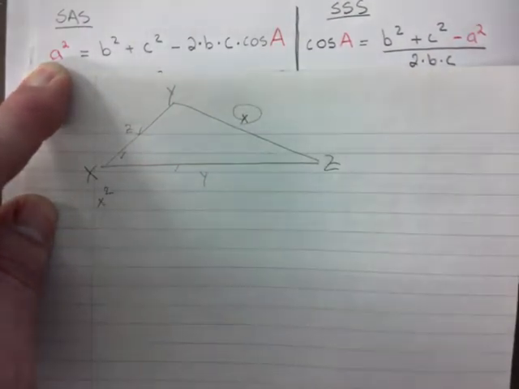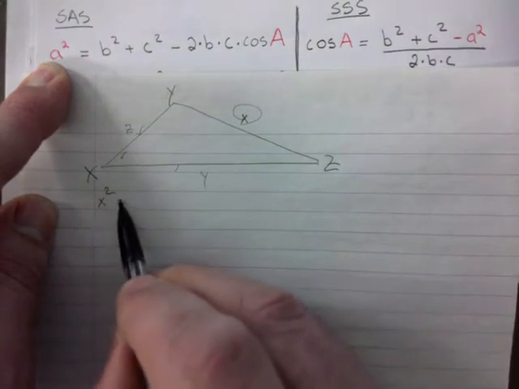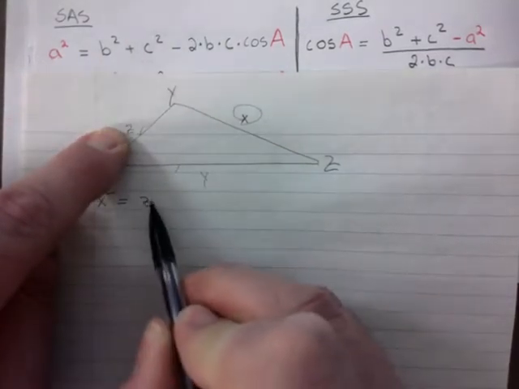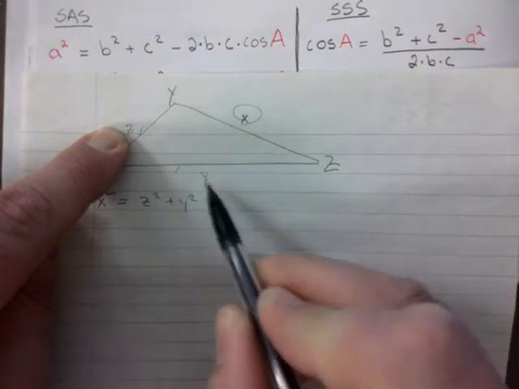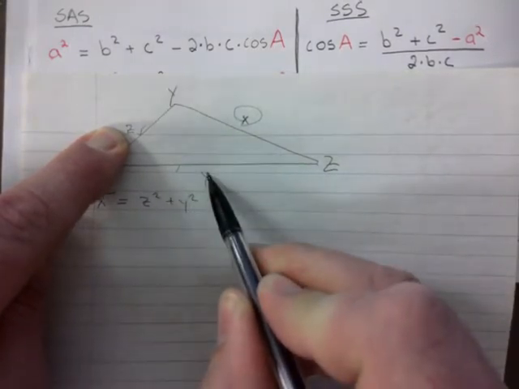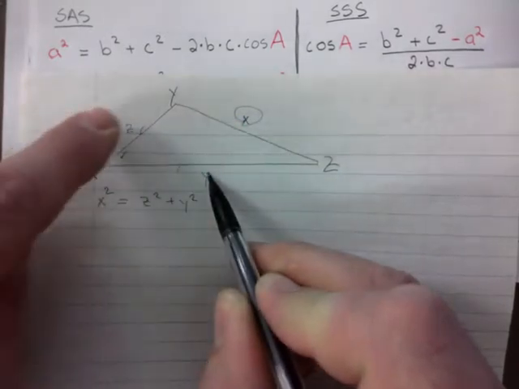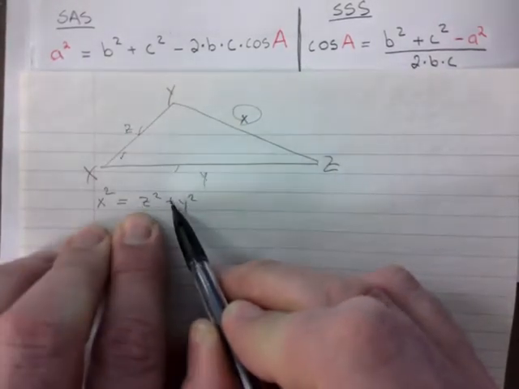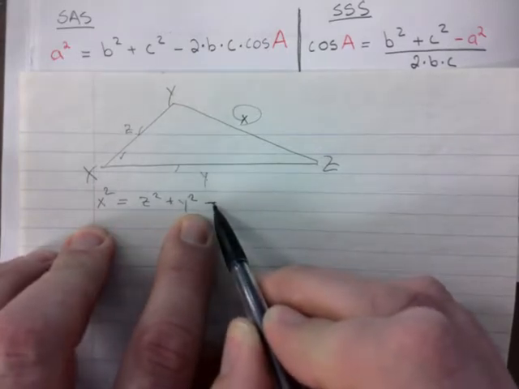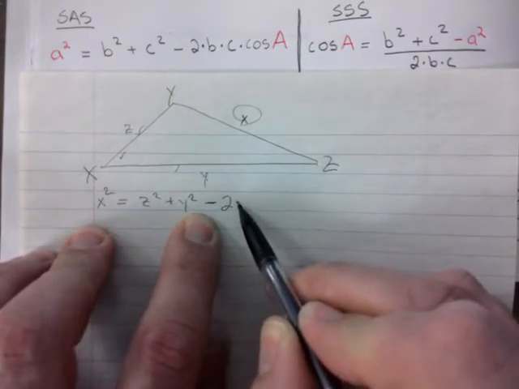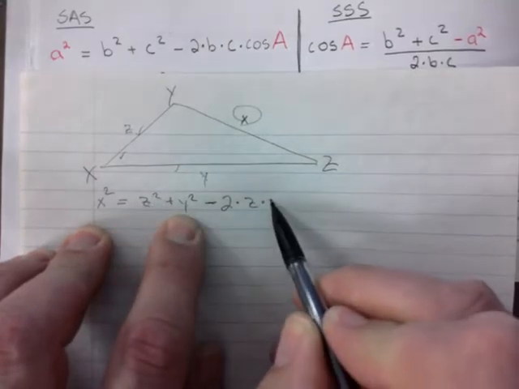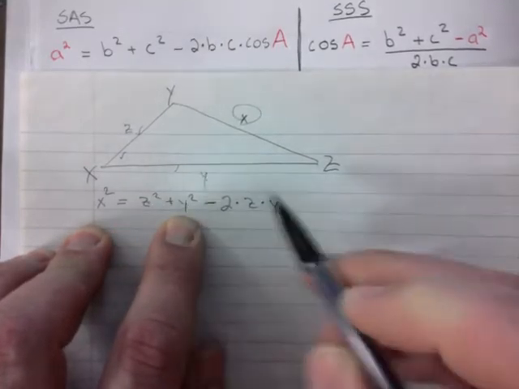So you say x squared is equal to, it's going to be the other two sides squared and added. Right? That's as simple as that. If you want that one, you take the other two sides and square them and put a plus in between. Then you go minus 2 times z, like this first side you've used, times the second side you've used.